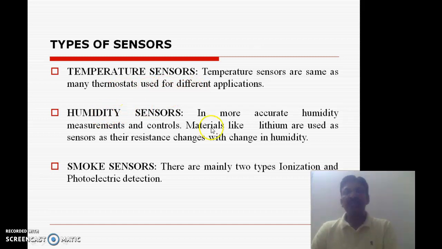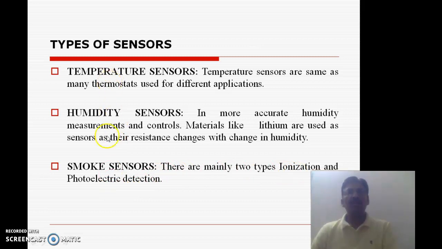For humidity sensors, for more accurate humidity measurement and control, materials like lithium salts are used as a sensor, as their resistance changes with change in humidity. That's why we are using this material for better sensing of humidity. Then smoke sensors. There are mainly two types of smoke sensors: ionization sensors and photoelectric detection.